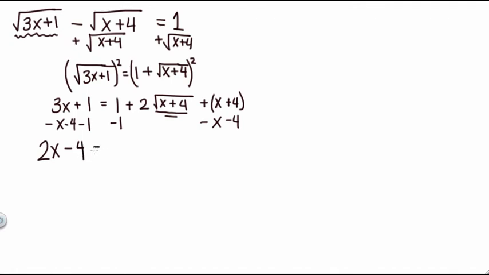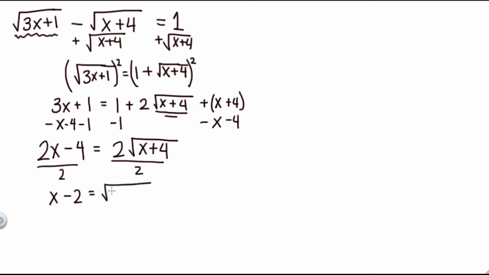So 2x minus 4 is equal to twice the square root of x plus 4. My next step is to divide through by 2. So 2x over 2 is just x, 4 divided by 2 is 2, and I get the square root of x plus 4 on its own.